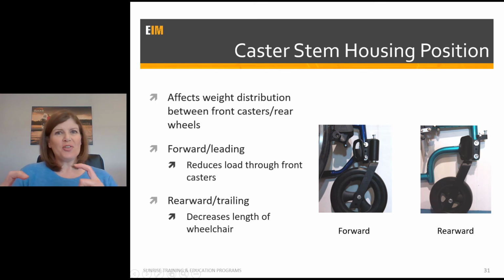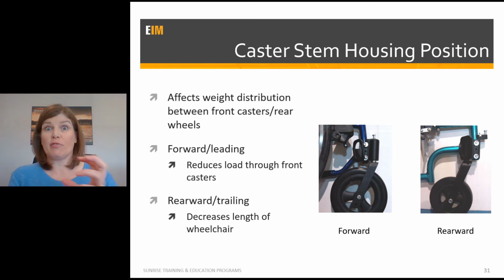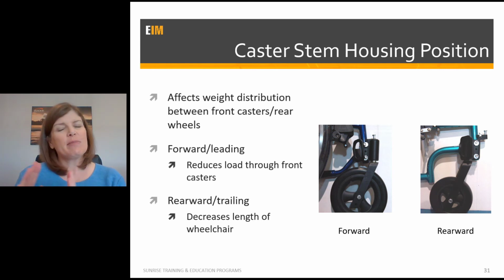And this can also affect the weight distribution. Sometimes it's not enough to just adjust the rear wheel center of gravity. Sometimes we also have to think about this caster stem housing and how that can influence the weight distribution. Now, this isn't available on all models of wheelchairs, but for those models that have it, it's a nice thing to think about to enhance that redistribution of load.